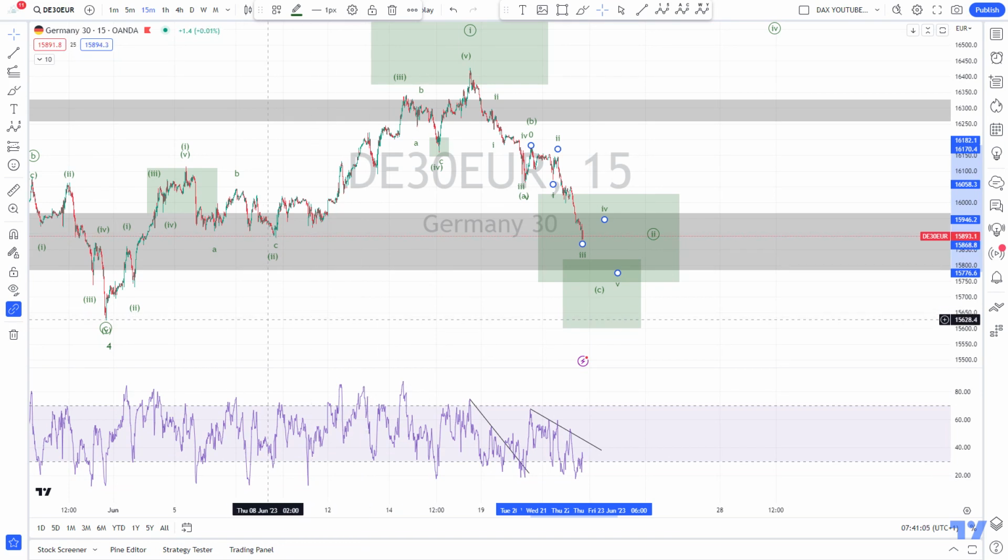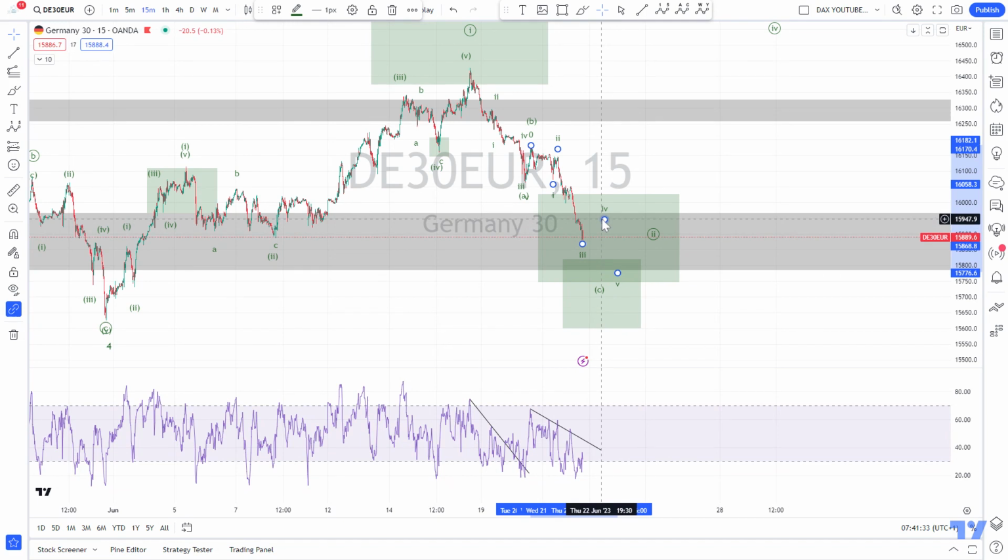Let's see later what will happen. But this is what I'm looking for today. And yeah, a long short trade, it's too late to be short. We can soon start to react to the upside, so I would not go short anymore. Yeah, so I don't see a short entry for now.